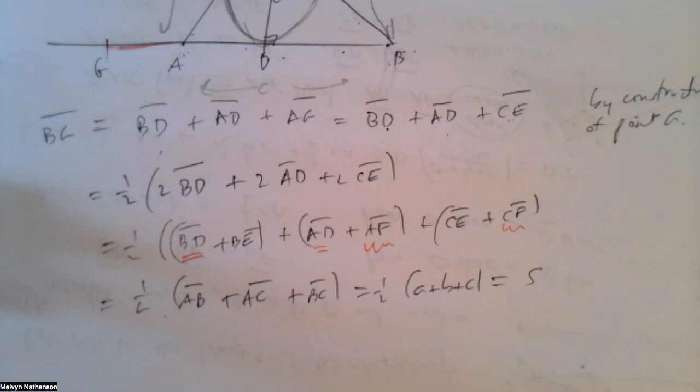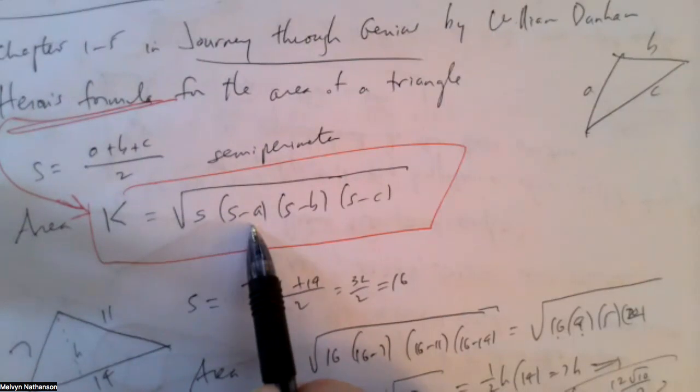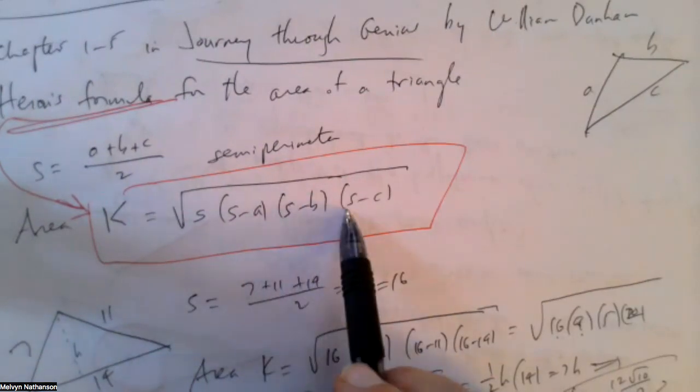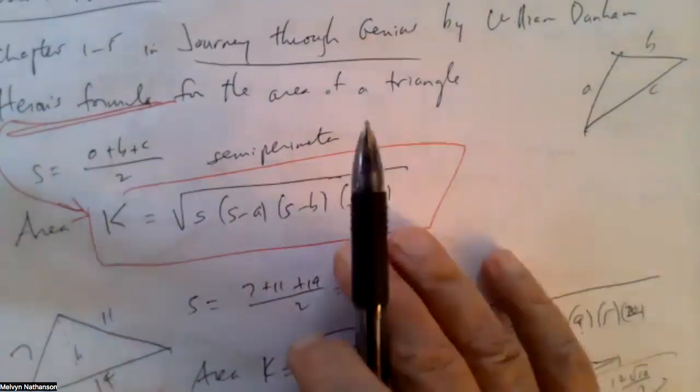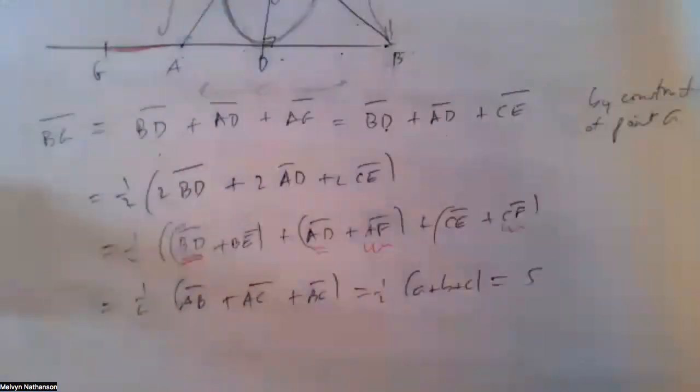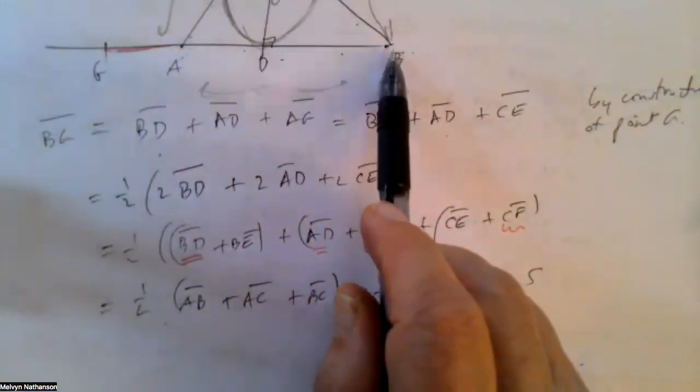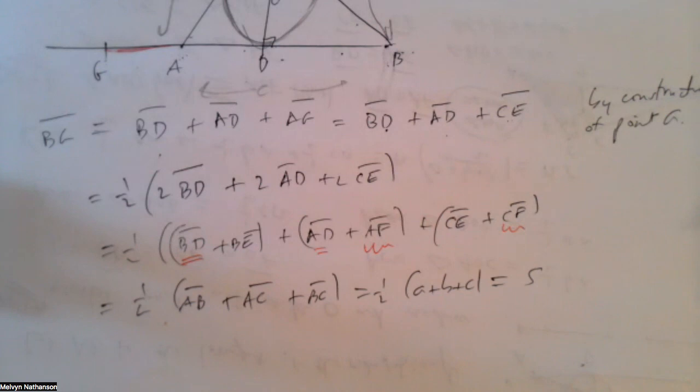Now, remember in Heron's formula, we had 4 different quantities: S, S minus A, S minus B, and S minus C. So I just found a geometrical construction of S. S is the length from B to G. What about S minus A, S minus B, and S minus C?